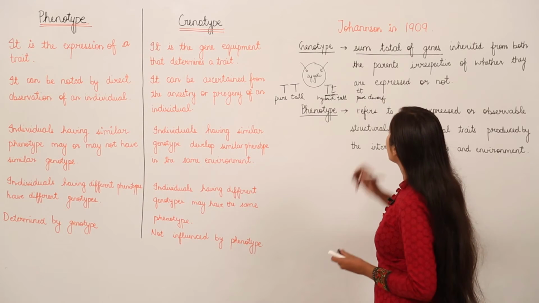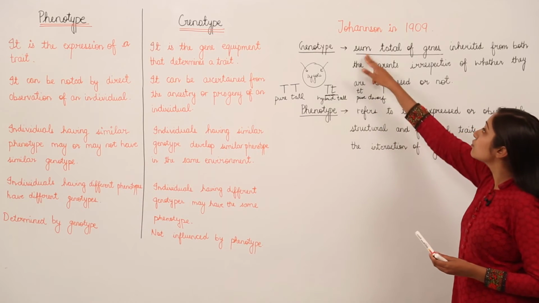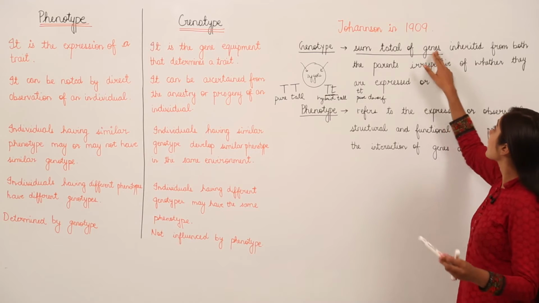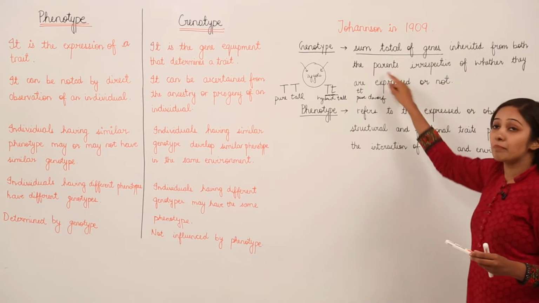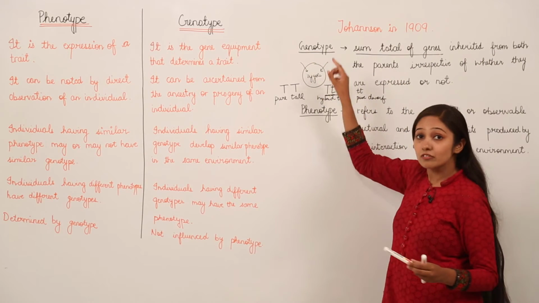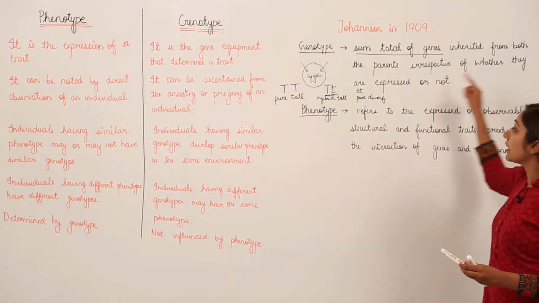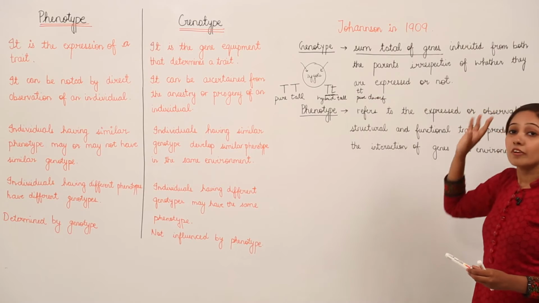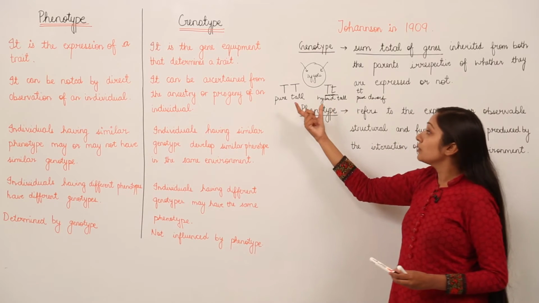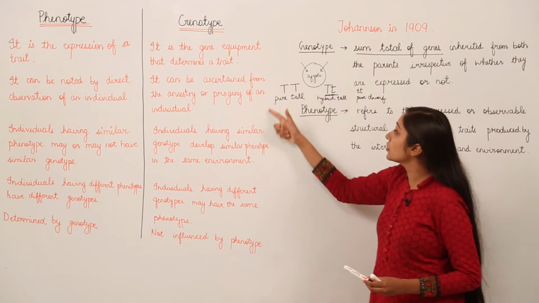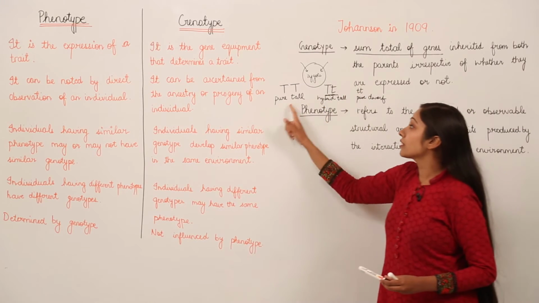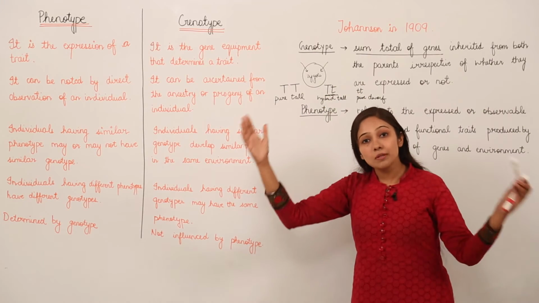Okay, so let us revise. Genotype is the sum total of genes inherited from both the parents, from mother and from father, irrespective of whether they are expressed or not. For example, this combination or this combination both are going to produce a tall pea plant.